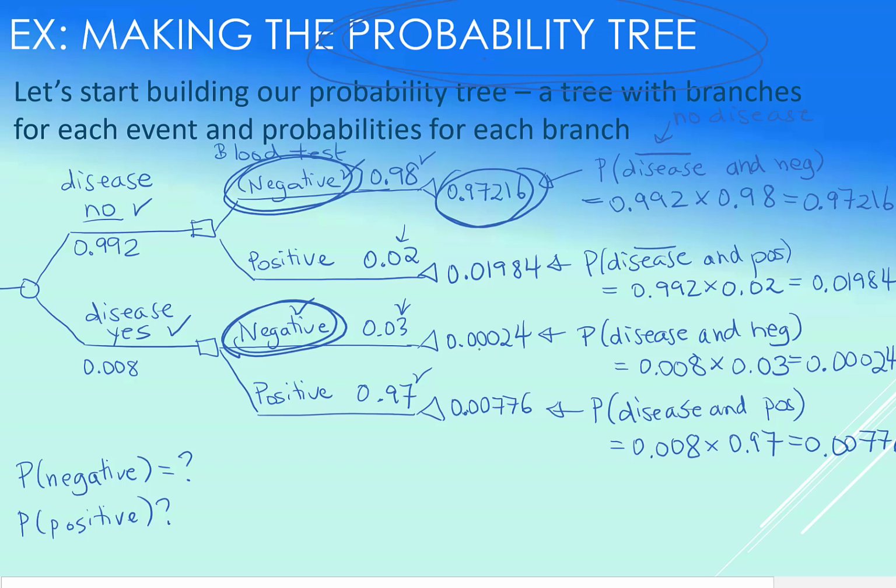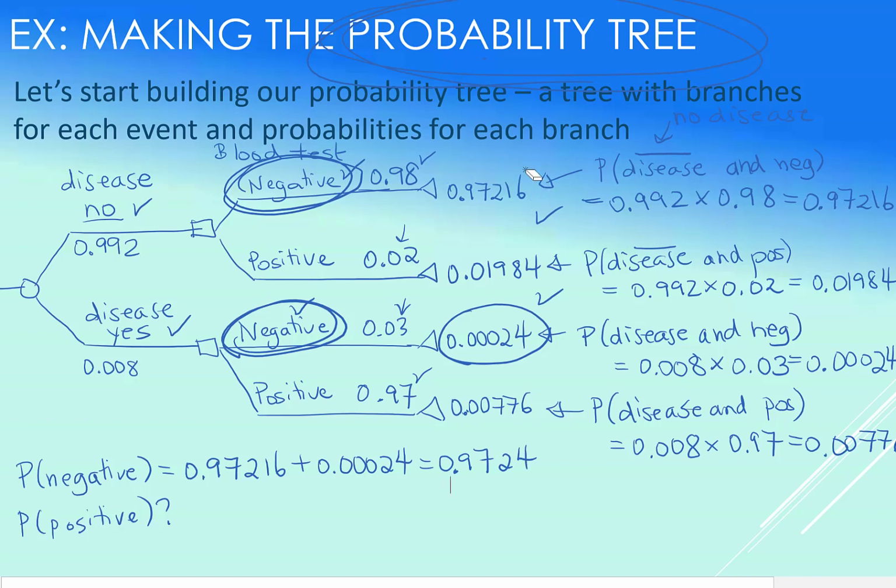So it's this probability and this one. So in total, the total percentage of time that the test returns a negative are these two here. So just add them together to get the probability of testing negative. That turns out to be 0.9724. Okay. Because those are all the cases in our tree here that we test negative.